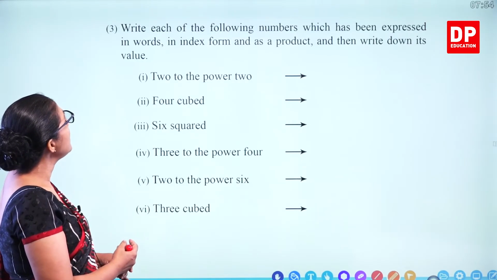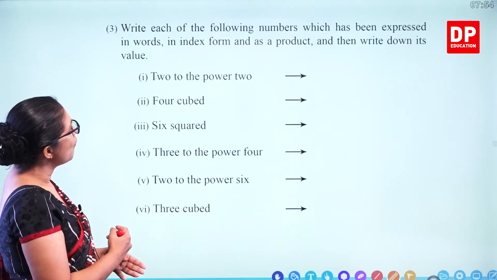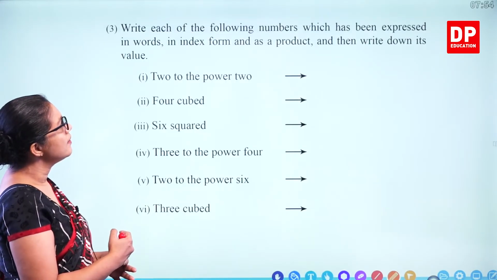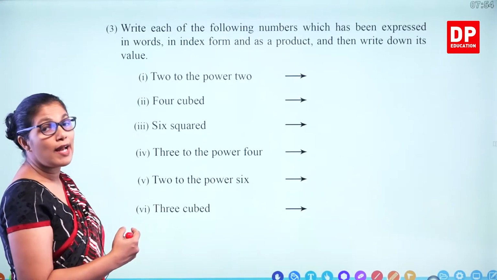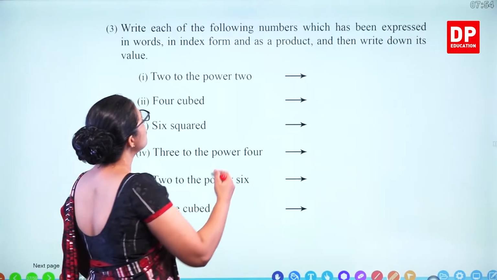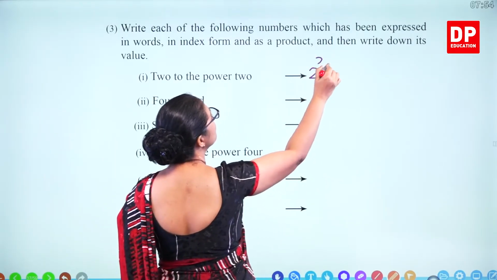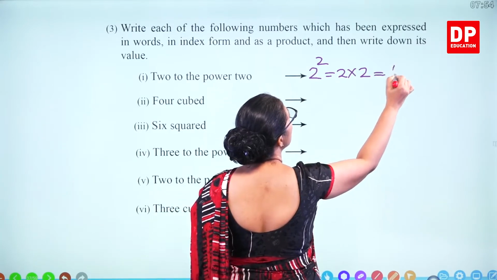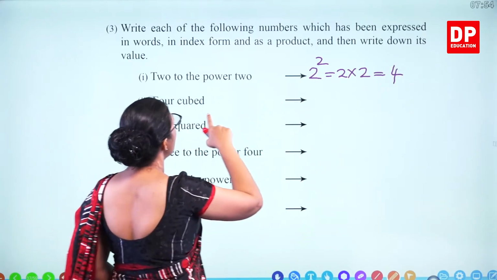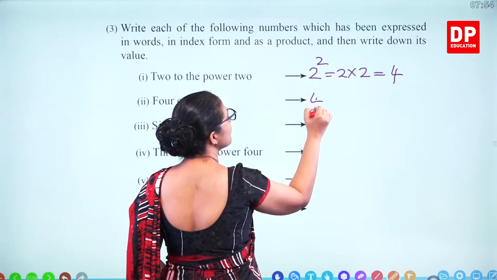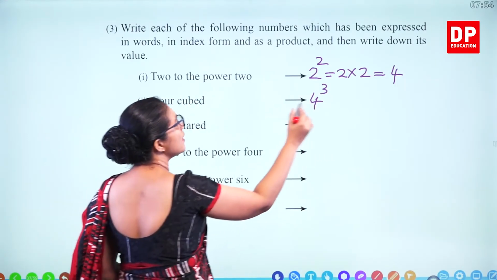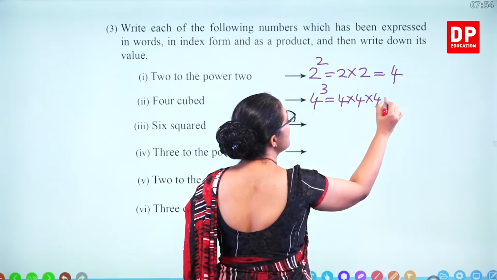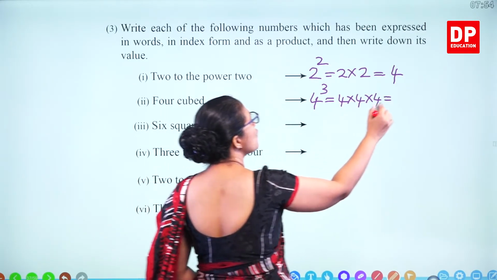You have to write in index form and as a product, and then write down its value as well. 2 to the power of 2. That means 2 times 2. You get 4. 4 cubed. 4 to the power of 3. 4 times 4 times 4. That means 16 times 4, 64.